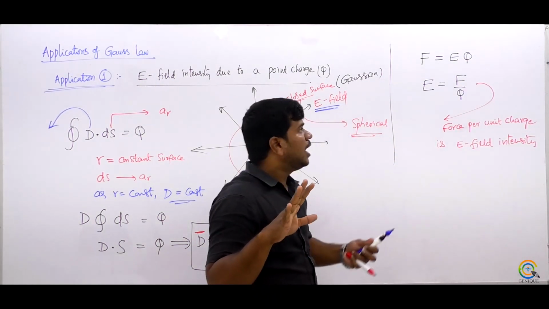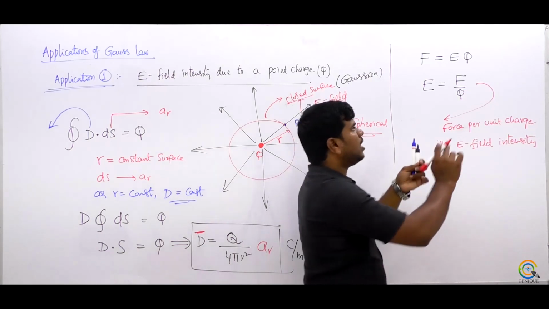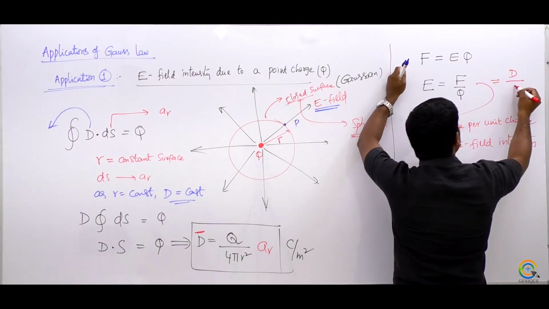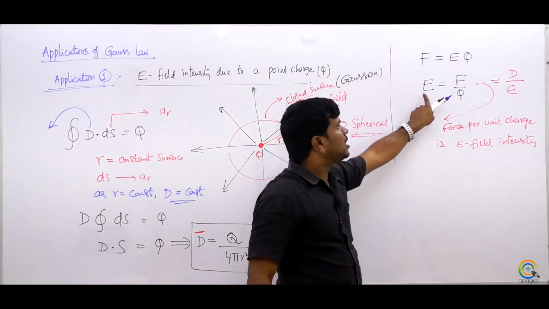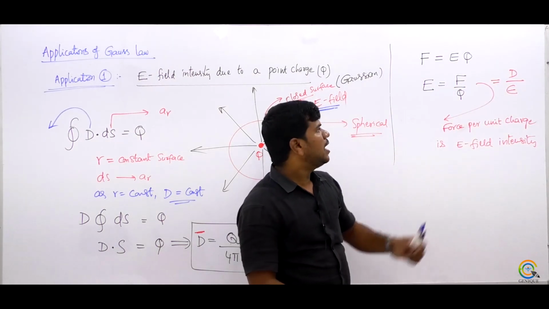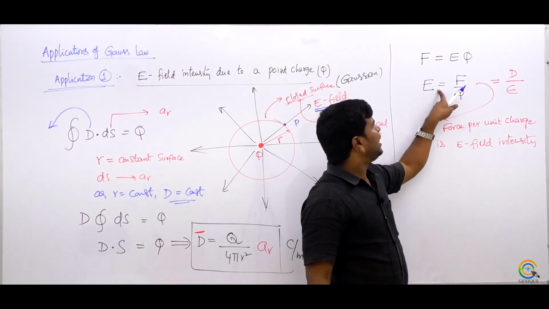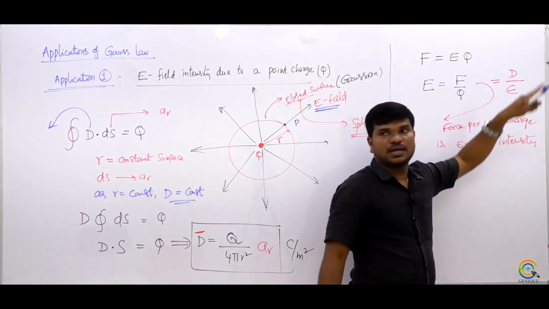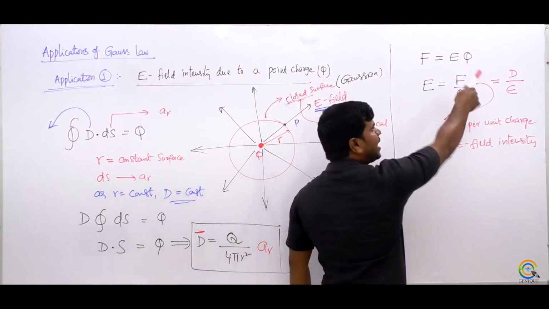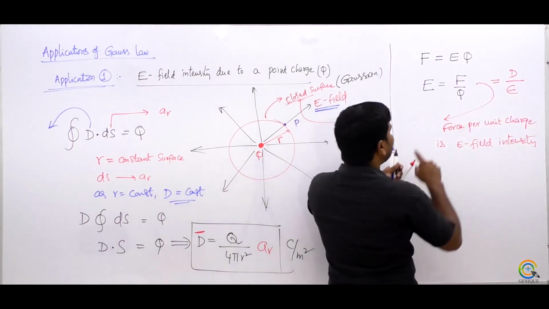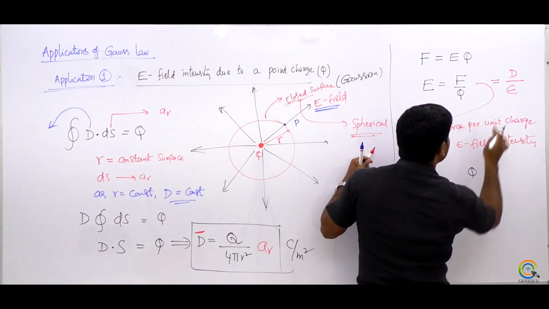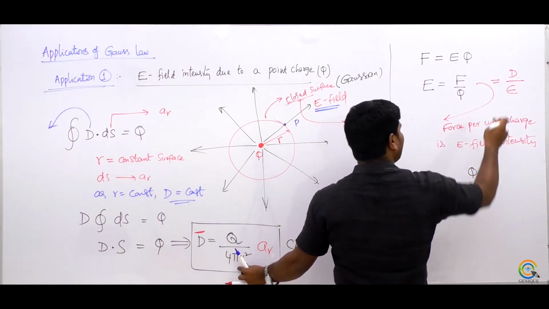And he equated this with D by epsilon, because for electric field intensity we know D equals epsilon E. We can write E from this, because I already found D. So E is equal to Q divided by, where D is Q divided by 4 pi R square, by epsilon.